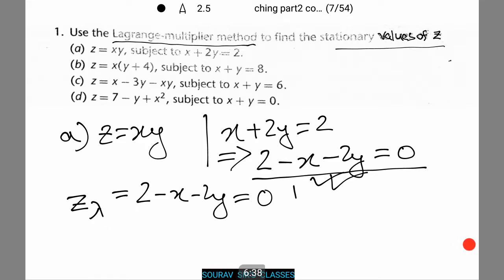What I forgot to mention is that the Lagrange function, let L equal xy plus this lambda that we considered, lambda into this whole equation. As I said earlier, this is going to be a very important equation.